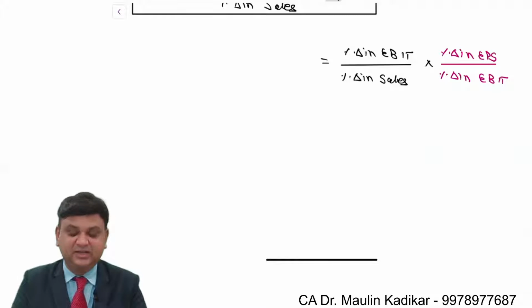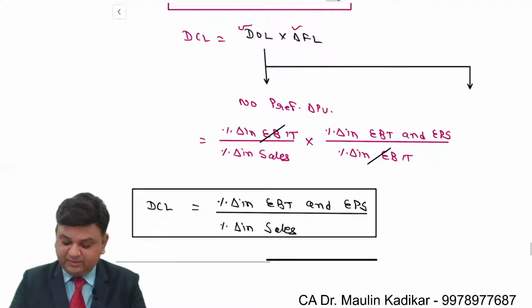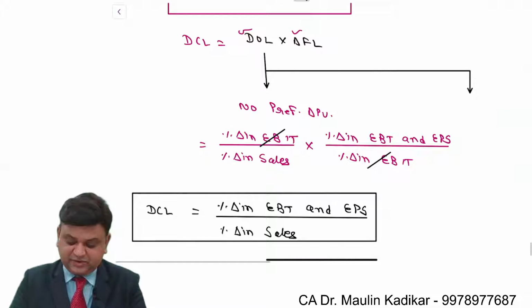This is what we understand. In a way, the degree of financial leverage will be able to measure only the percentage change in EPS and not percentage change in EBT, if we have been provided with the information of the preference dividend.